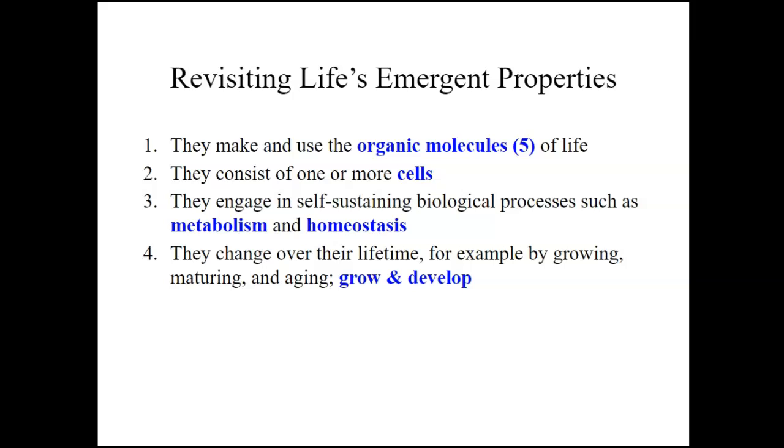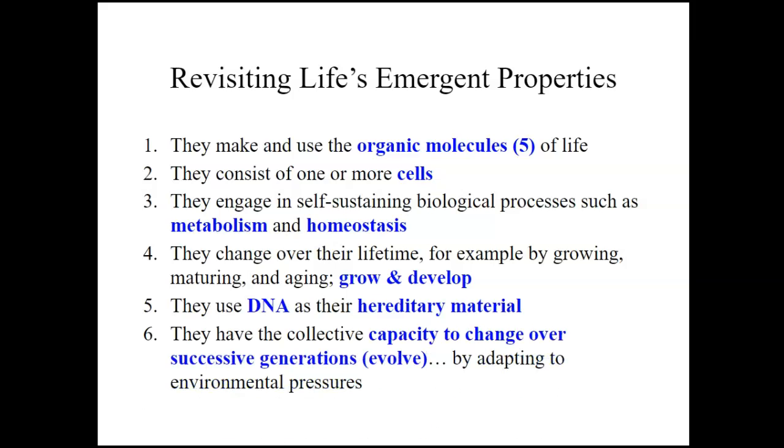During their lifetime, they grow and develop, and they use DNA as their hereditary material. They also have the capacity to pass on that genetic material from generation to generation, but also modify those genes by mutation, and eventually that may allow adaptation within that population as environmental pressures change.